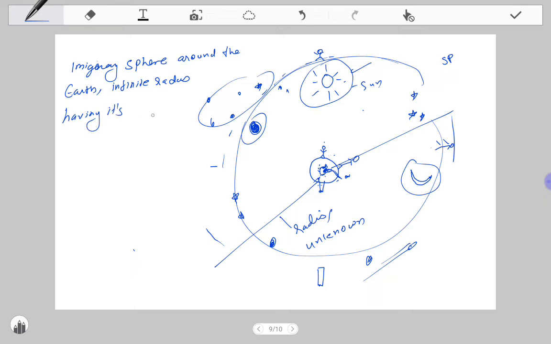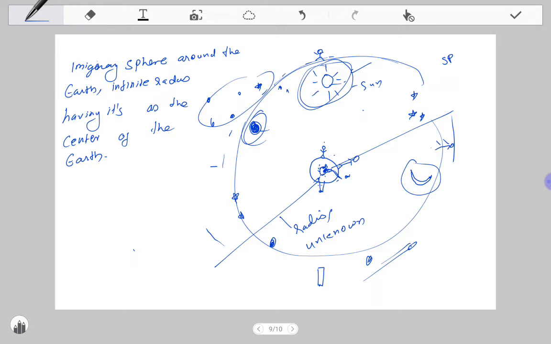In this sphere, all the celestial bodies, including sun, moon, and all the planets are projected, and it is like all these objects are lying on this sphere.